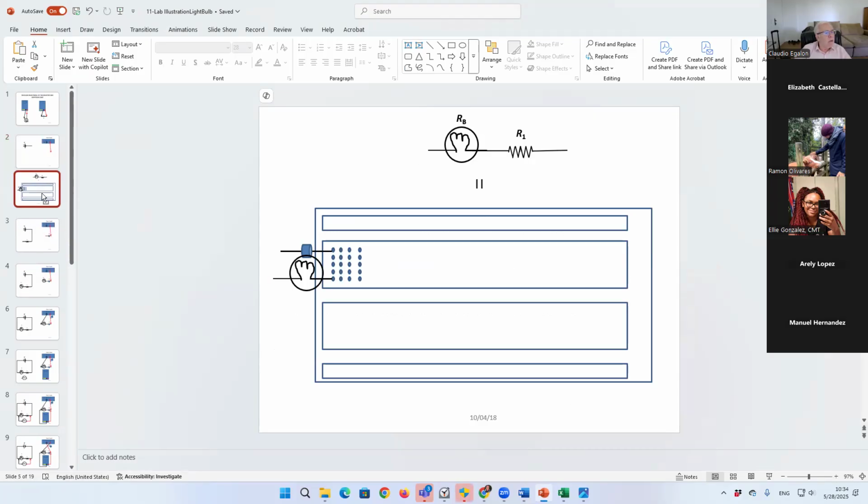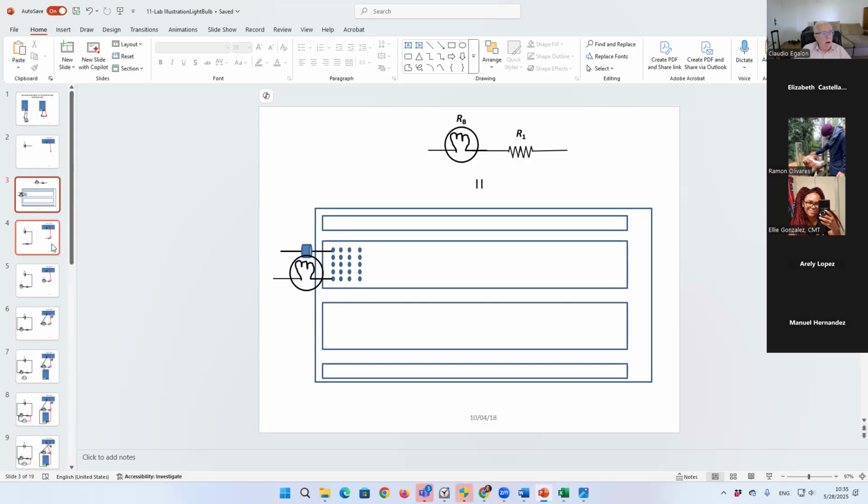Okay, and then I'm gonna put this one. That's a better place to put it. You can see that this wire is connected in this row of the protoboard, which is making electrical contact with one of the ends of the light bulb.